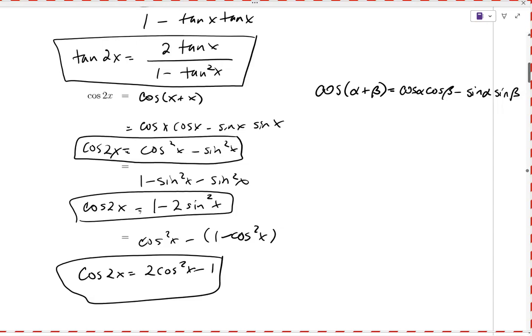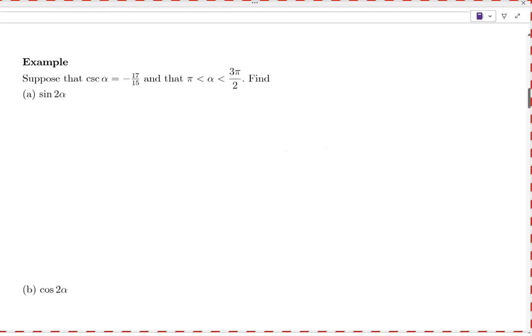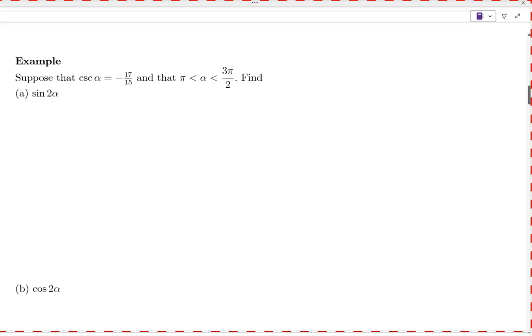So let's see if we can play around with these a little bit. Hey, this looks like a familiar problem. You're given information about a trig function, and it asks you to compute different trig functions of, in this case, different angles for that, right?